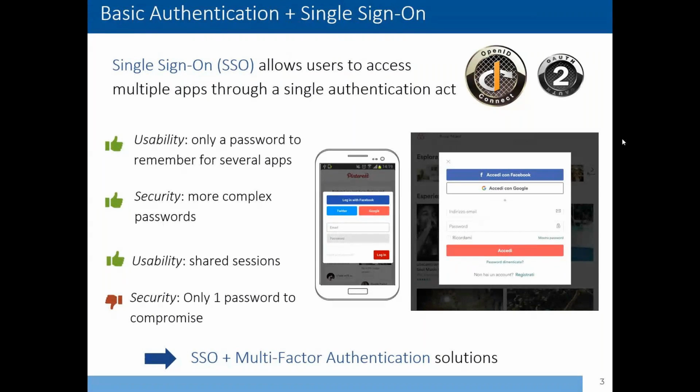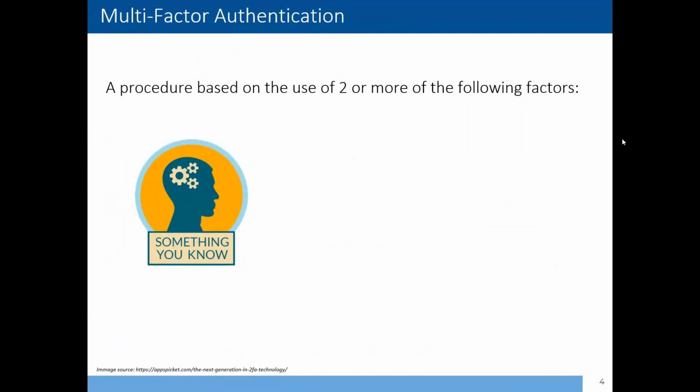So for some services like health applications or financial services, a better design choice is to combine single sign-on with multi-factor authentication, where multi-factor authentication is a procedure that enhances the security of the authentication process by using 2 or more authentication factors.